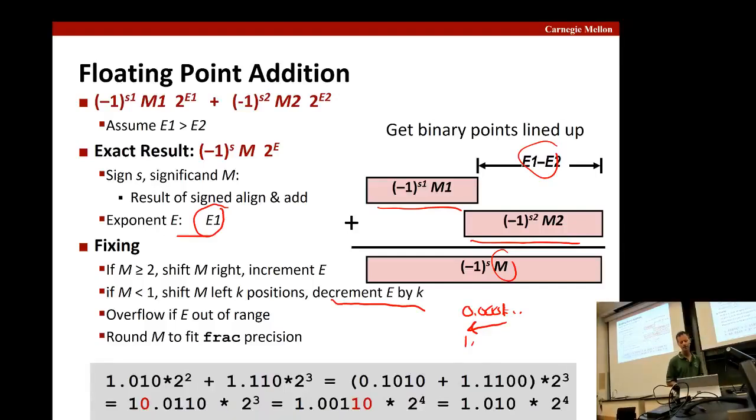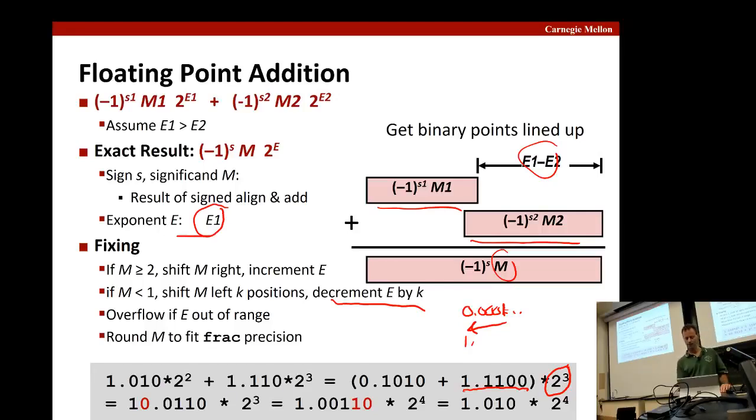So an example here. We have our two numbers, and the first thing we do is we line up the decimal points. We do that by representing them both as times 2 to the 3. So for the larger one, the bit pattern is the same, but for this one, we shift it over by 1, because 1.01 times 2 to the 2 is the same as 0.101 times 2 to the 3.